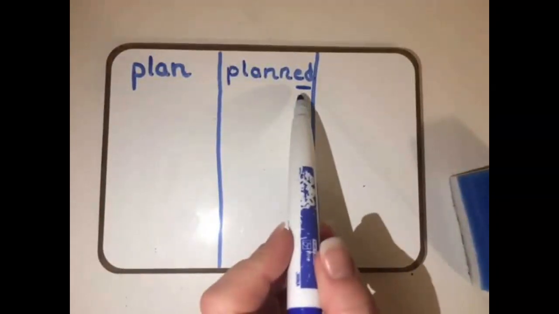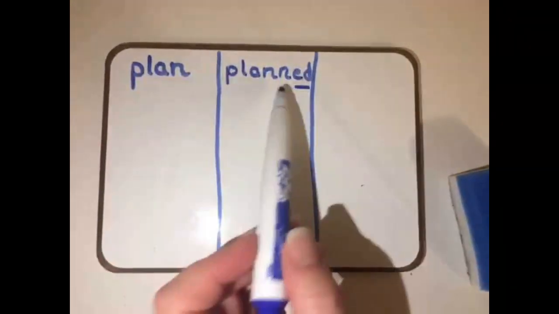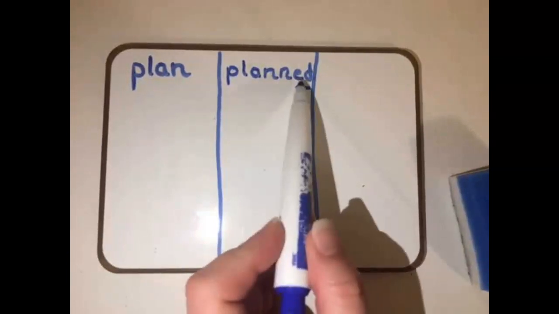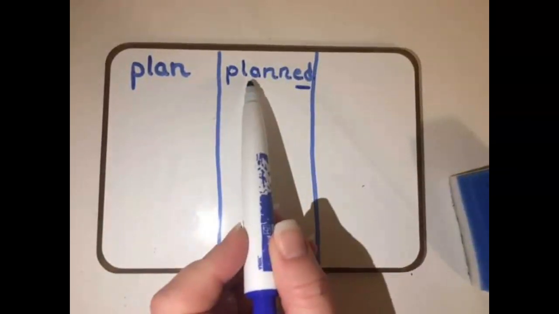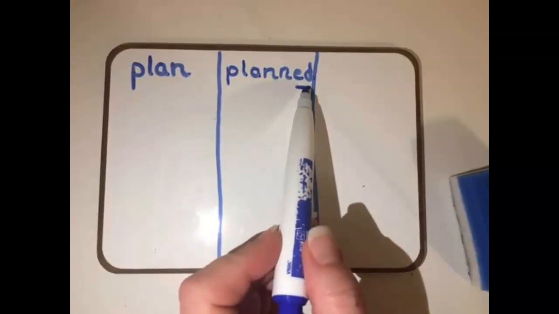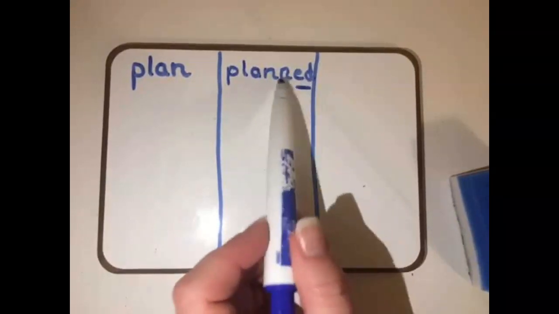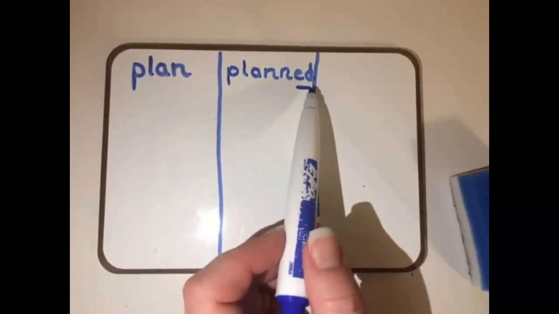E-D is the suffix on the end of plan. Okay, now we get an extra N that joins the suffix to the original word. So this N is not considered part of the suffix, okay? It's a joining letter for the suffix, but it is not part of the suffix, okay?